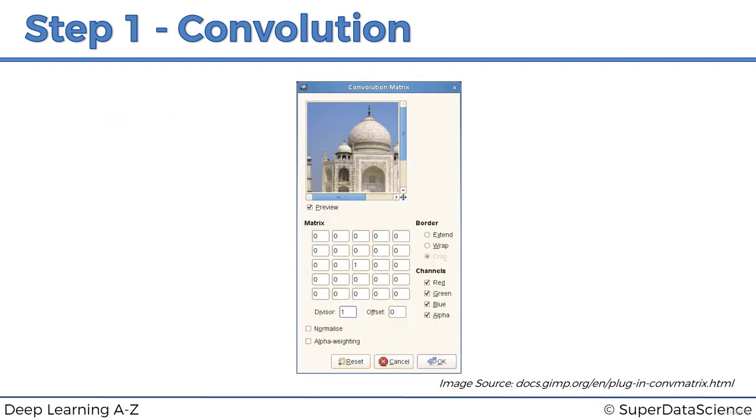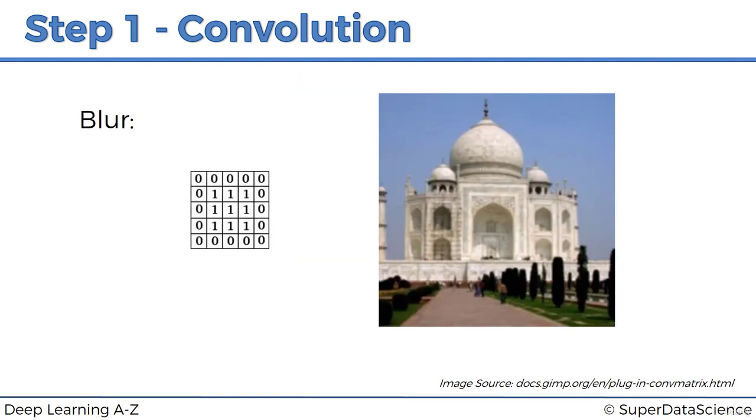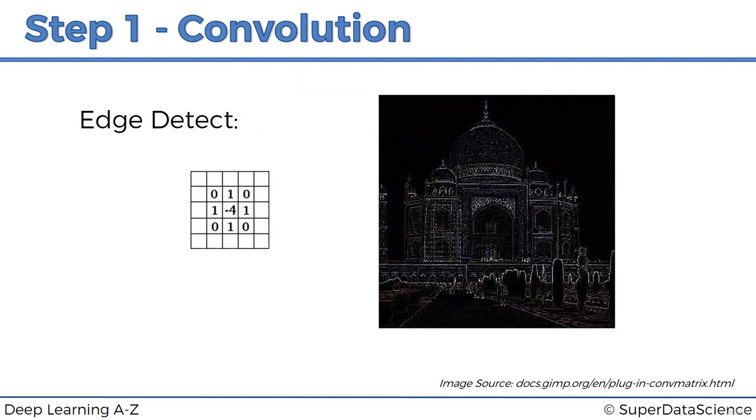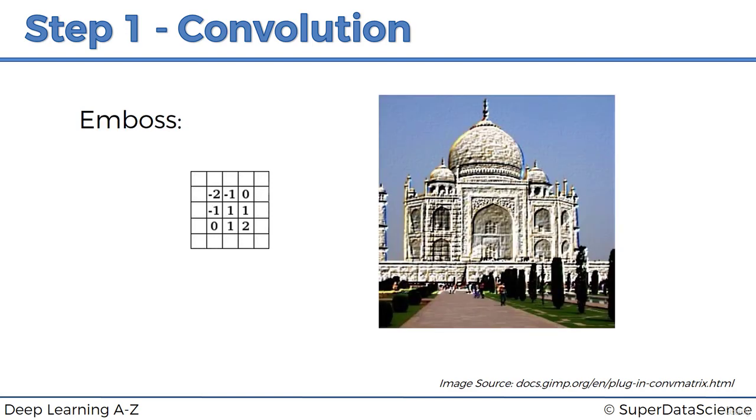Let's go quickly through them again: sharpen, blur, edge enhance, edge detect, emboss. These are great examples of the same image. We use different feature detectors to get different feature maps of the same image, and therefore now we have lots of versions of this image, where in each one we've tried to detect certain things.